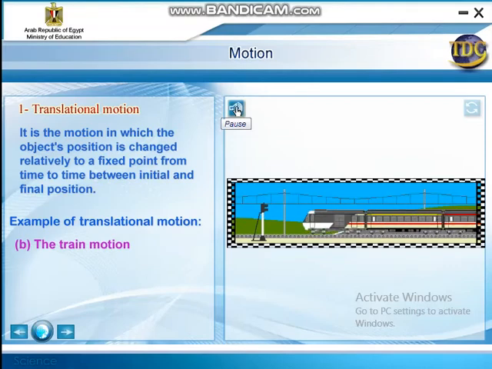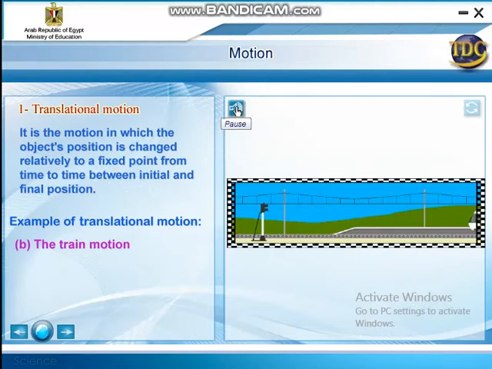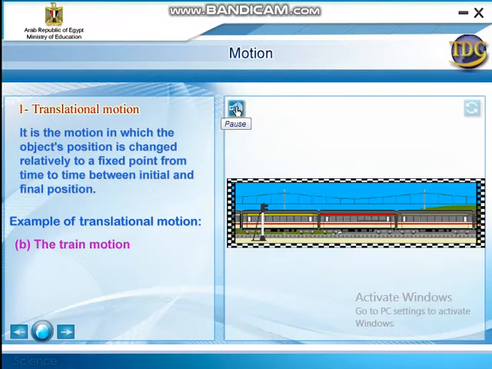What other examples? Like person motion, bicycle motion, fan motion. Everything that moves with initial position and final position, its motion is described as transitional motion.